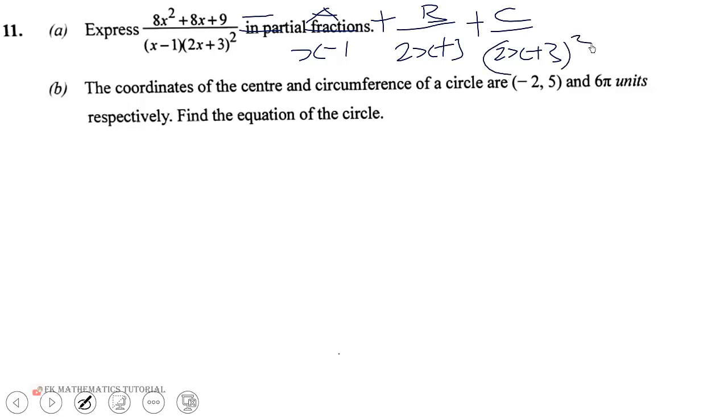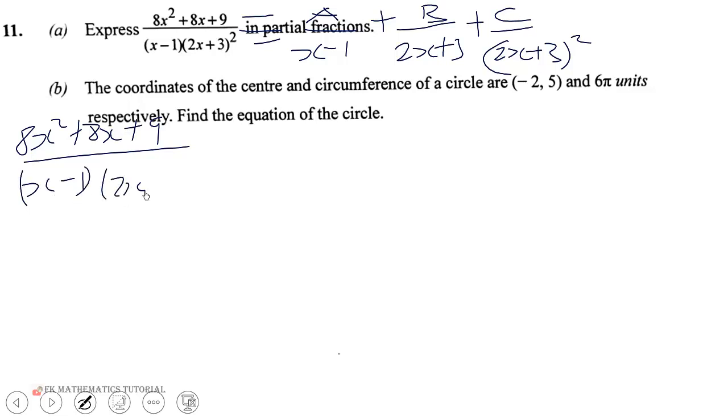So we find the LCM. We have 8x squared plus 8x plus 9 all over x minus 1 into 2x plus 3 all squared is equivalent to, in the LCM, x minus 1 into 2x plus 3 all squared.